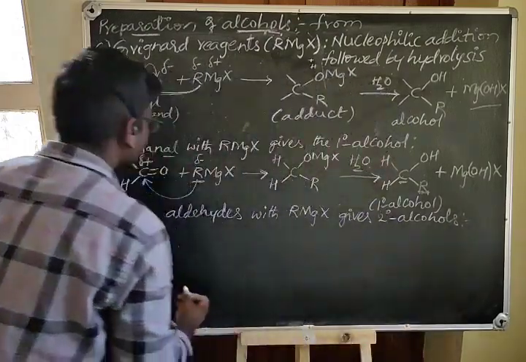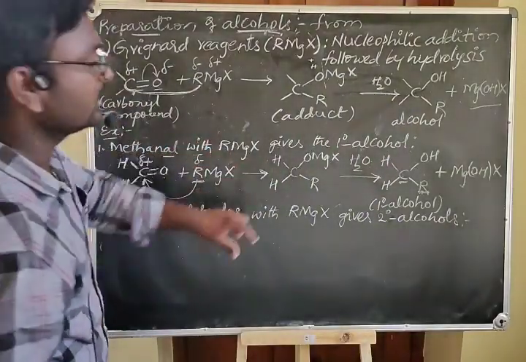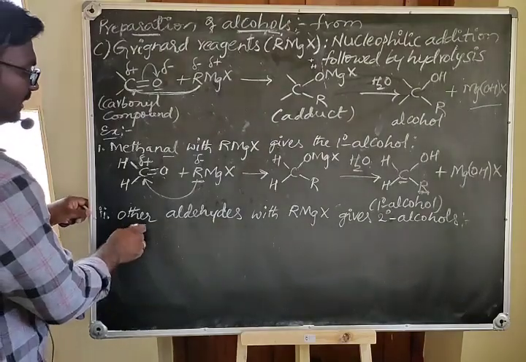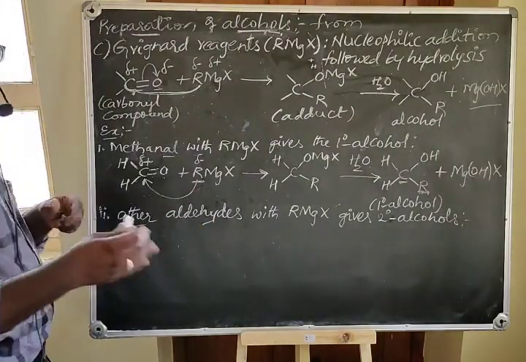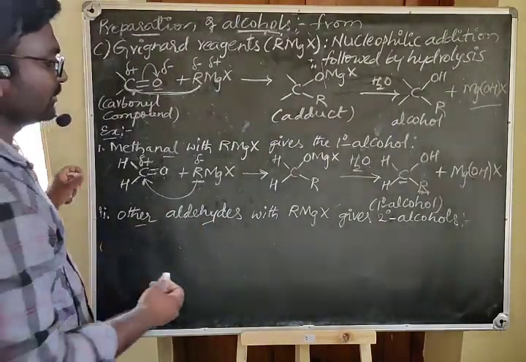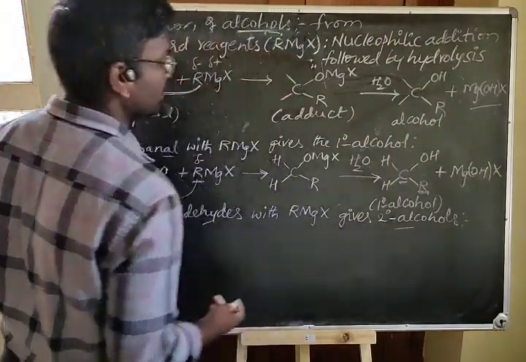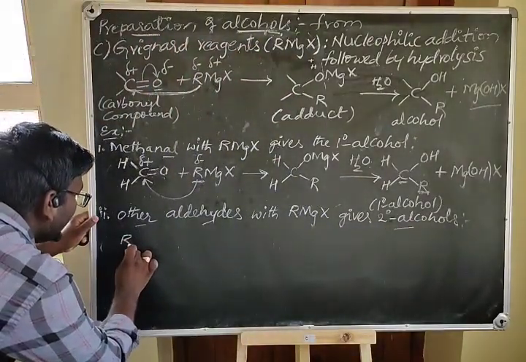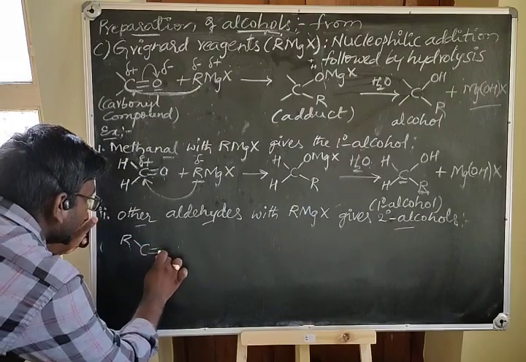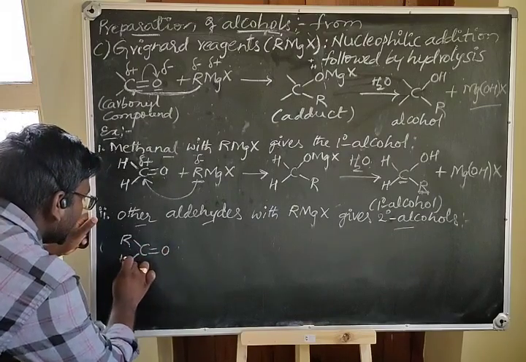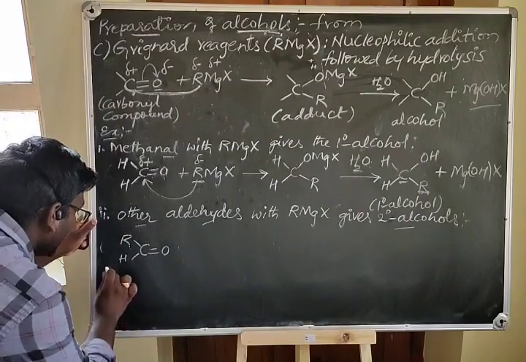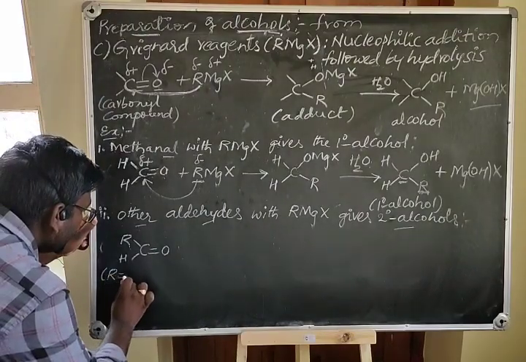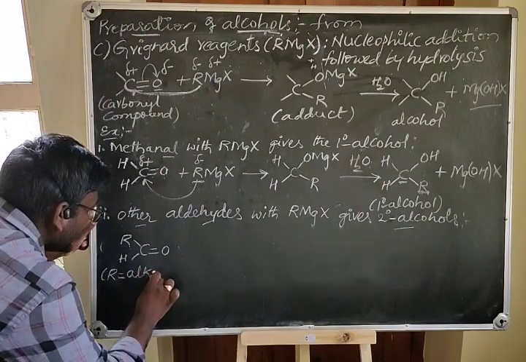Among the aldehydes, the first member gives a primary alcohol, and the second and following members give secondary alcohols. Let's see that the higher aldehydes are represented like this, where R is an alkyl group.